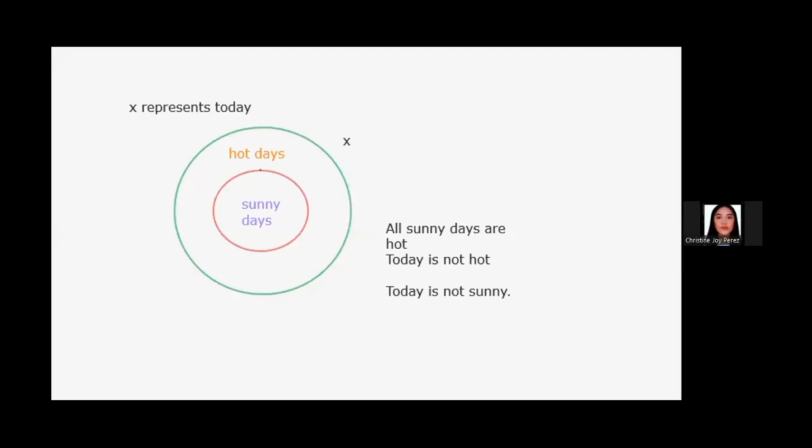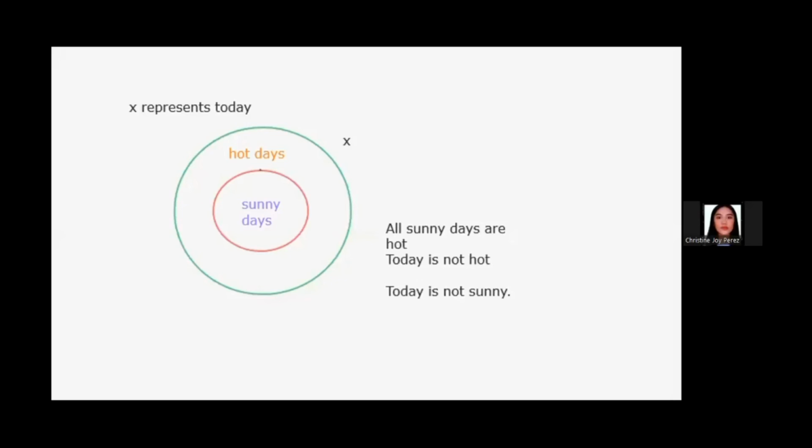Second, we have all sunny days are hot. Today is not hot, and today is not sunny. So we have here X represents today. The diagram shows that today is outside the region for sunny.